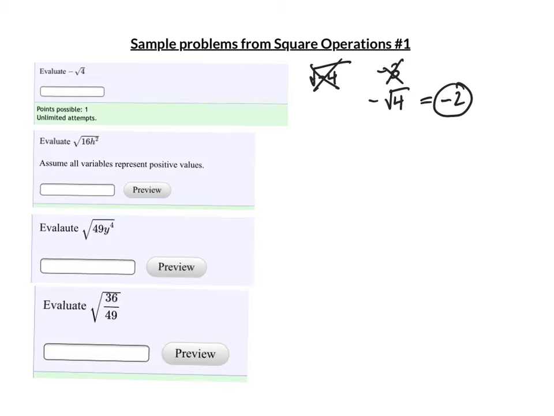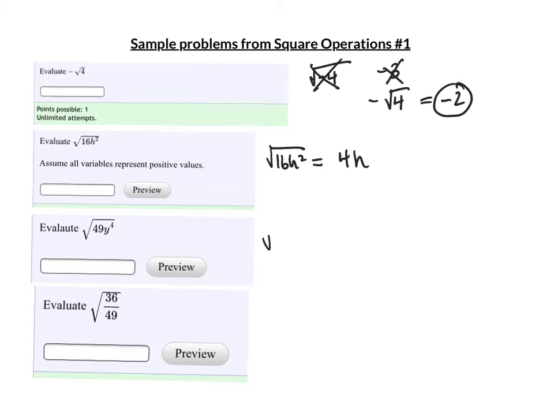On the next one, evaluate the square root of 16h squared. The square root of 16 is 4, and the square root of h squared is h, because h times h is h squared.